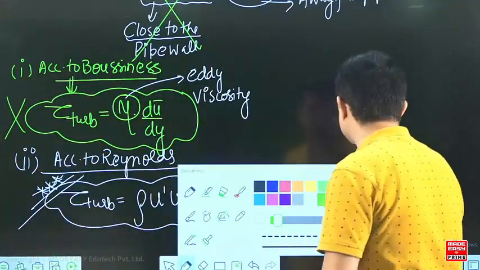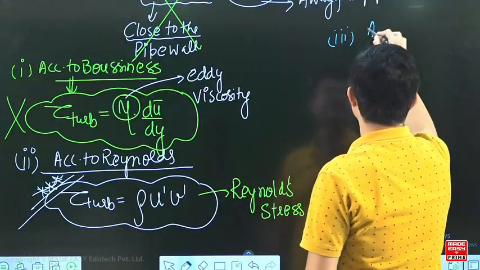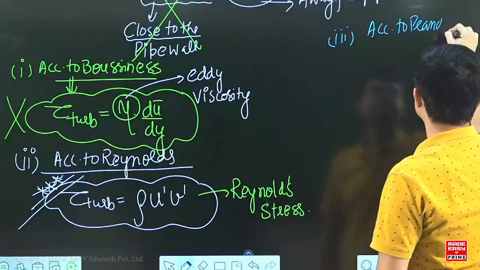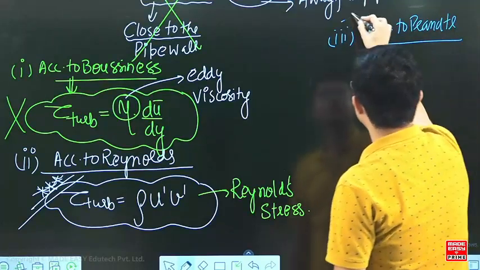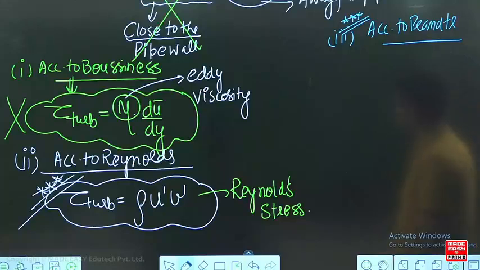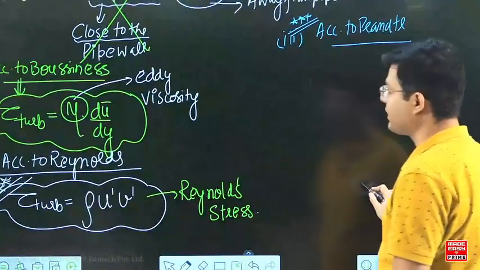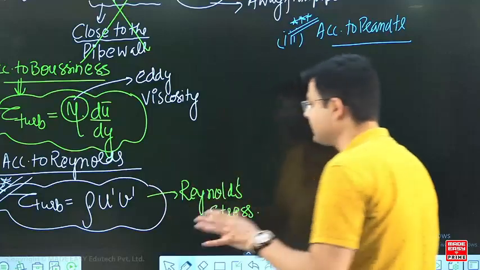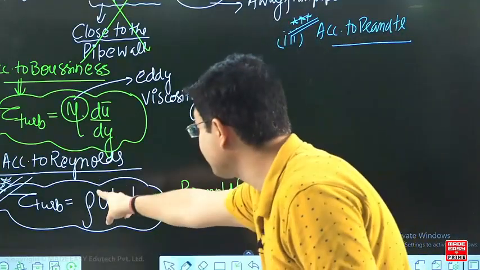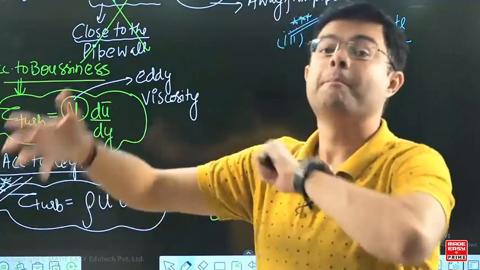But then came a mind-blowing scientist, number three. His name was Prandtl. According to Prandtl, this complete theory I am marking with a star, so you have to remember. Prandtl said that Reynolds had already given the value of tau turbulent as rho u dash v dash.